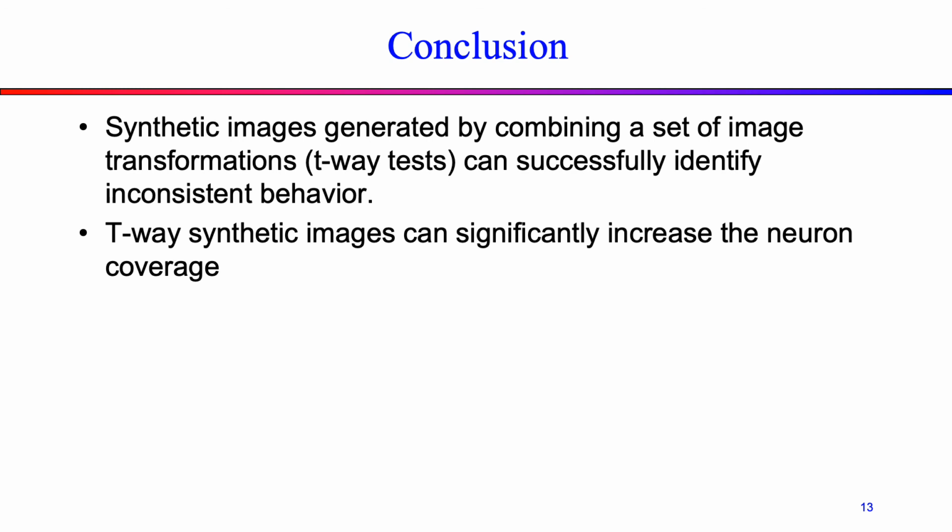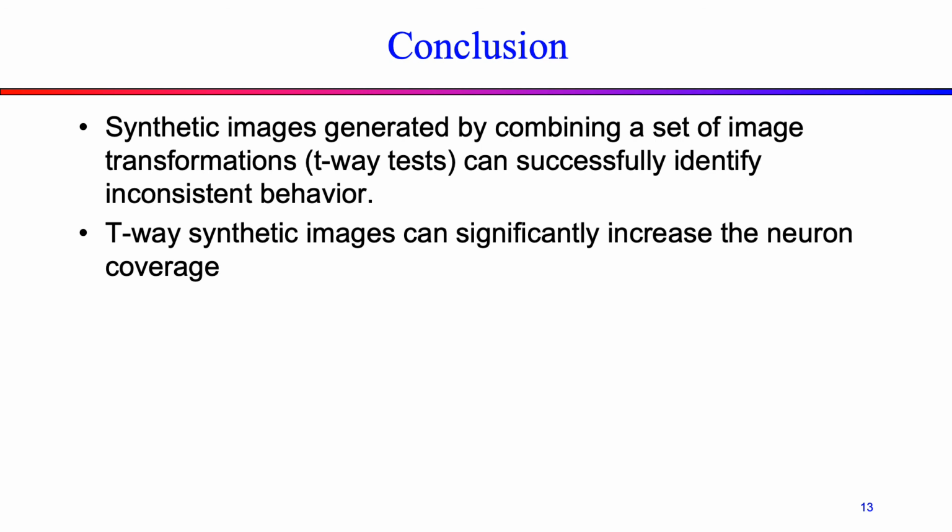To summarize, we presented a combinatorial testing based approach to systematically generate test images to test DNN models used in autonomous driving systems. We performed an experimental evaluation of our approach with three publicly available pre-trained DNN models from the Udacity Self-Driving Challenge.